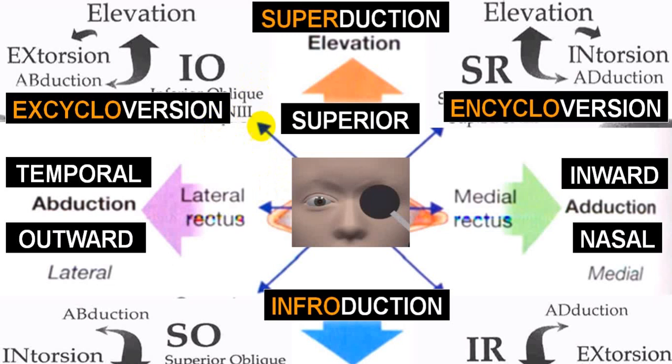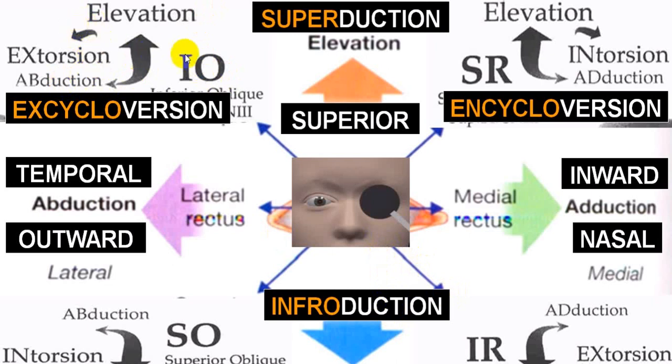Now if we go through the movement of medial rectus and lateral rectus: medial rectus is pure adduction, lateral rectus is pure abduction, but superior rectus will have elevation plus adduction, while inferior rectus will be downwards and adduction. While inferior oblique will have elevation, abduction, and extorsion.